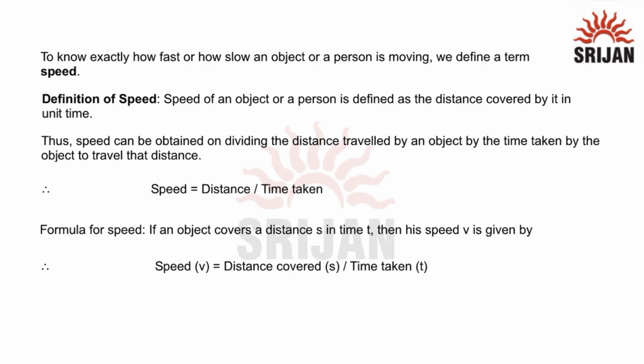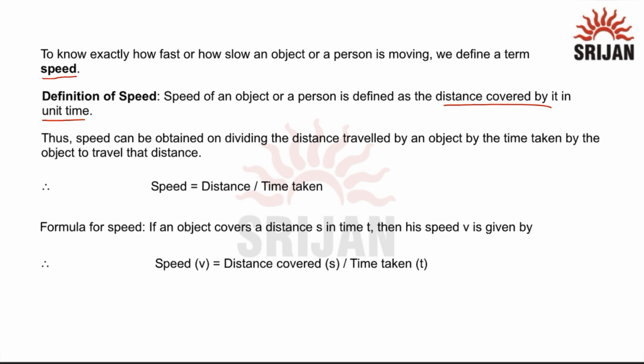To know exactly how fast or slow an object is moving in a given interval of time, we define a term, speed. Speed is defined as the distance covered by an object in a unit time, and it can be calculated using the formula speed equals distance upon time taken.